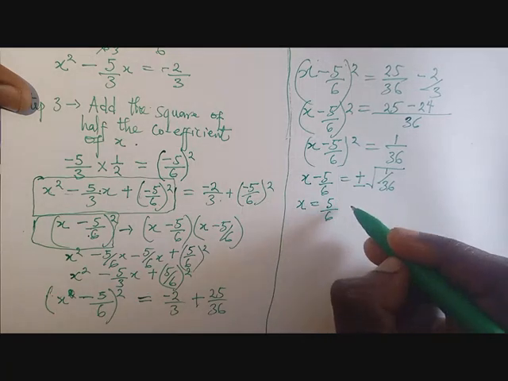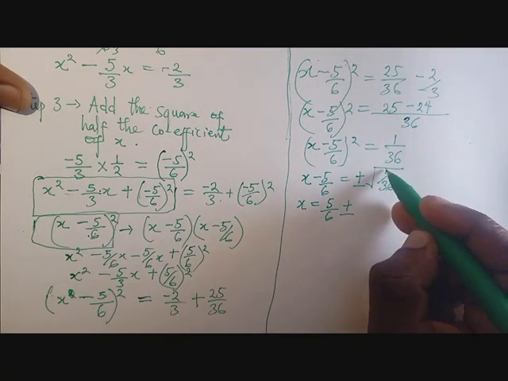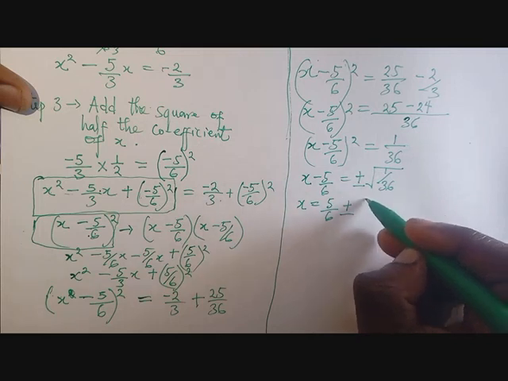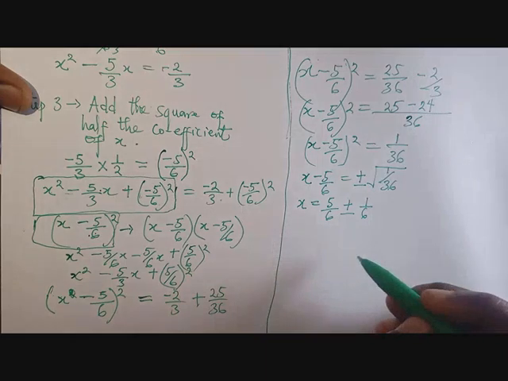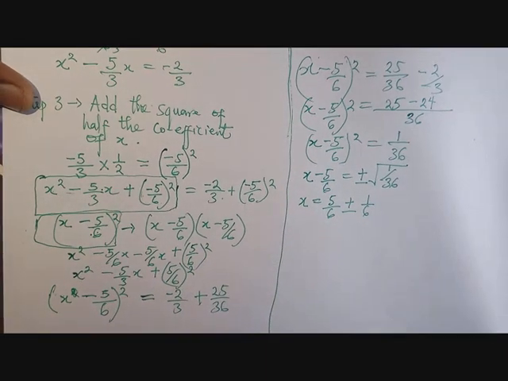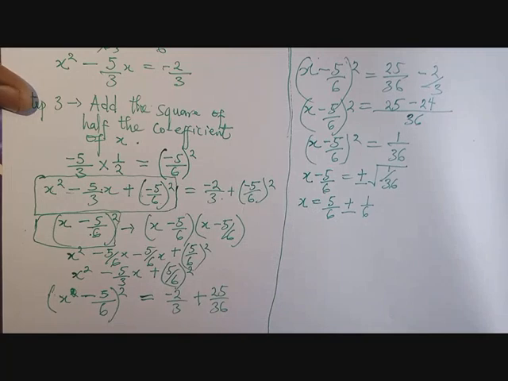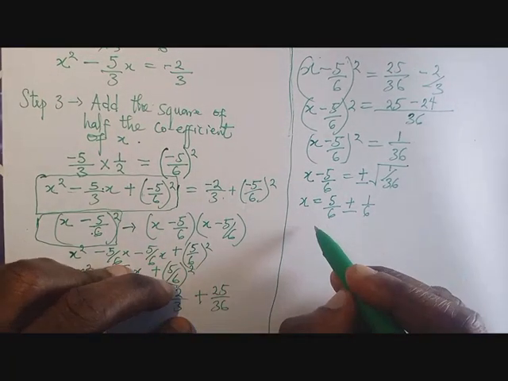The negative sign disappears. So 5 over 6 plus or minus, the square root of 1 is 1. The square root of 36 is 6. So this is 1 over 6.